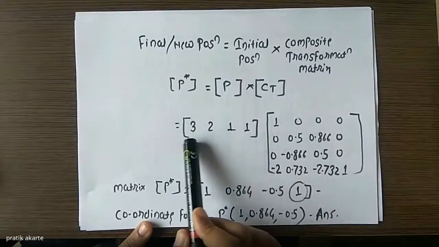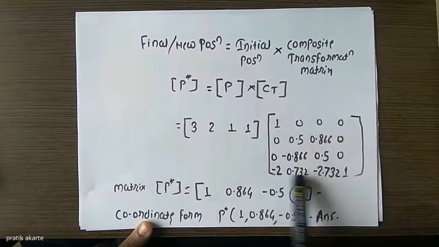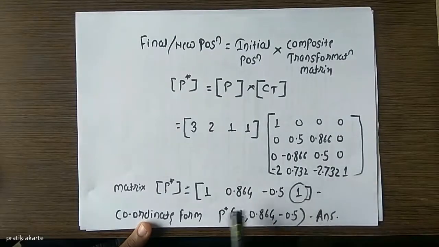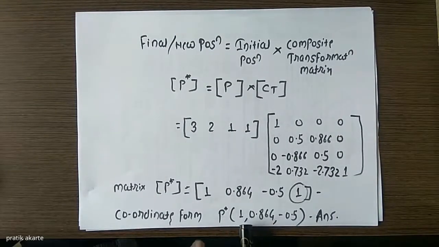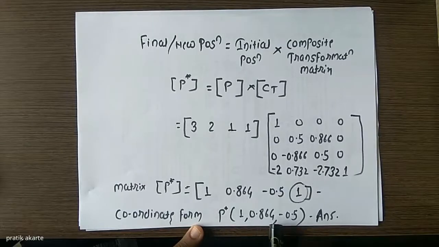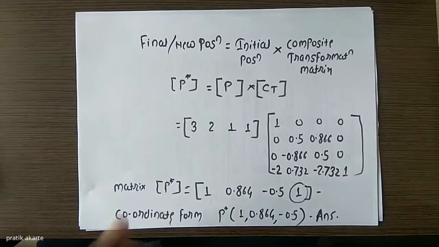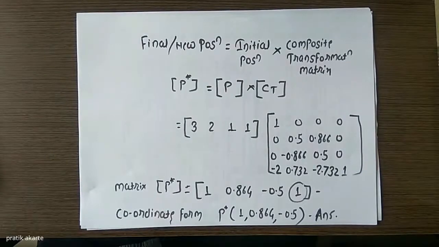So the coordinates are 3, 2, 1, 1, and if you multiply it by this matrix, you will get the new coordinates of point P as 1, 0.864 and minus 0.5. So this is how you can solve some simple problems related to composite transformation in 3 dimensions.